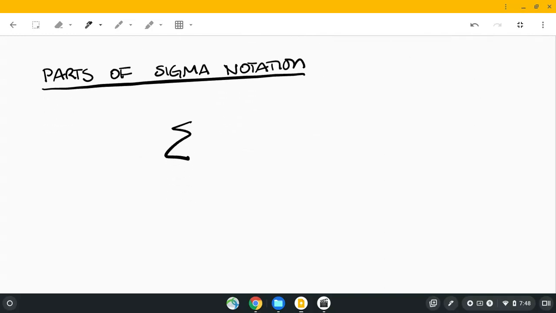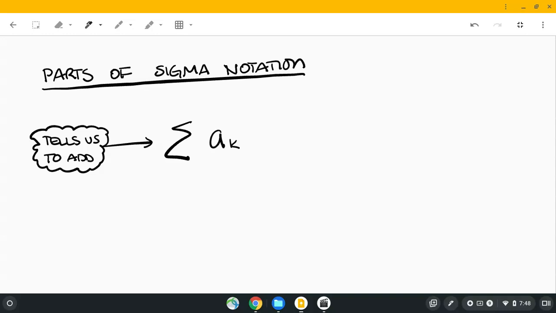All right, so when you see this symbol here, the sigma, this means that you will be adding. Okay, so this tells us to add. That's our summation notation.